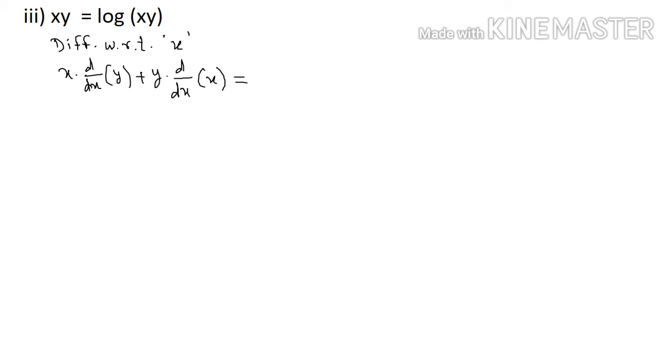Now, derivative of log x is 1 upon x. So derivative of log xy will be 1 upon xy. But this log xy being a composite function, we have to again derive x into y term.